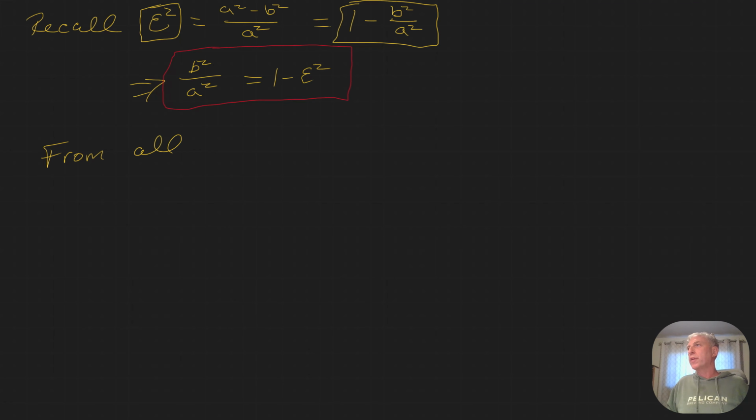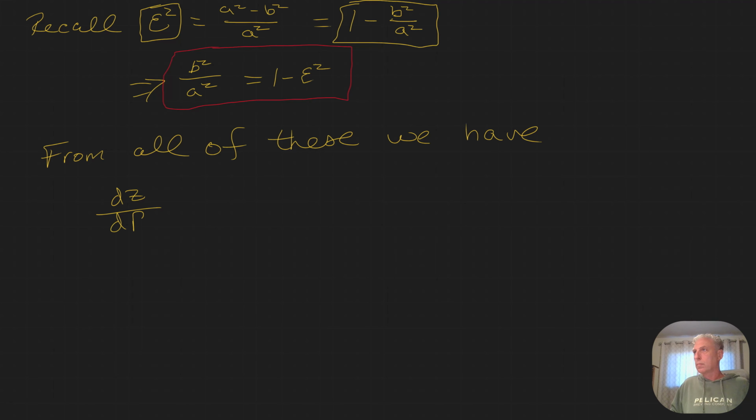From all of these, we have dz/dp equals minus p over z times b squared over a squared, which equals minus p over z times 1 minus epsilon squared, right?